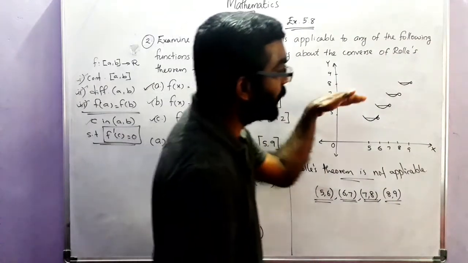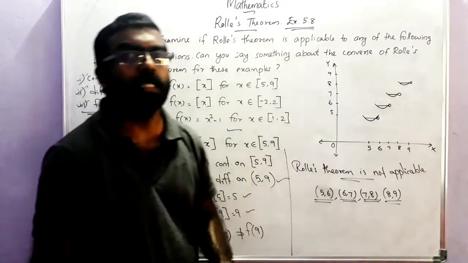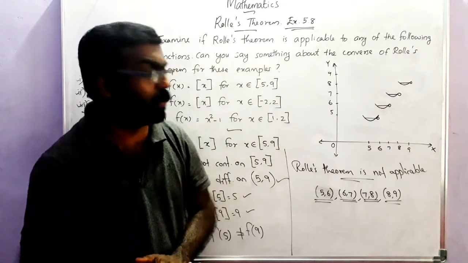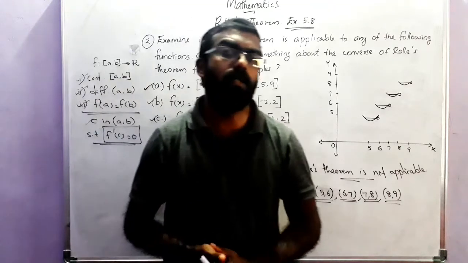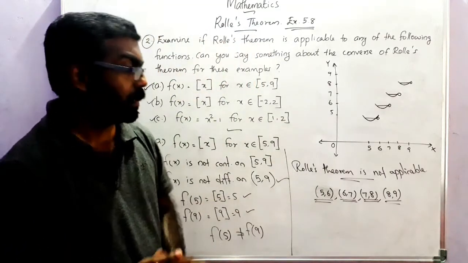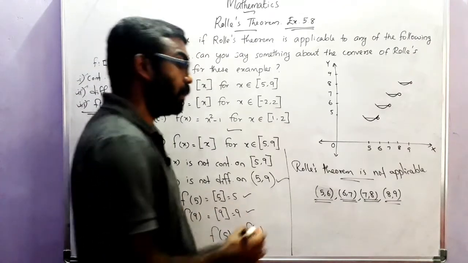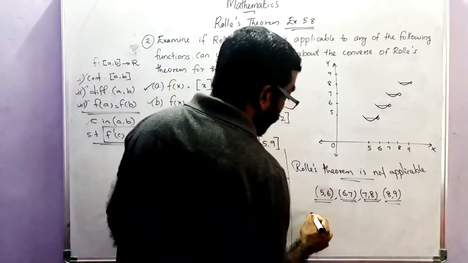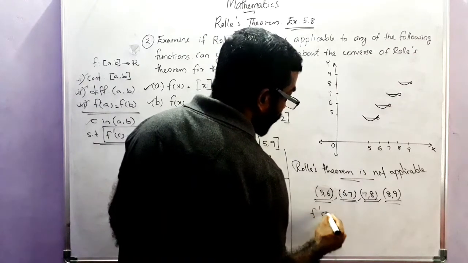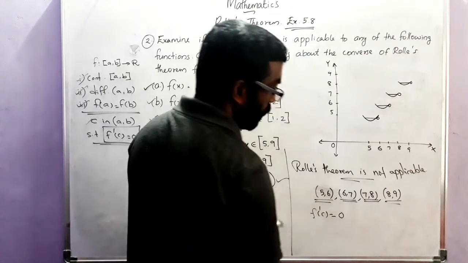So in this part, we can say that the function is differentiable. Here we can draw tangents which are parallel to the x-axis. Tangent parallel to x-axis means f dash of x is equal to 0. The derivative is 0. Slope of the tangent is 0. Clear? That means dy by dx is 0. That means we can find values of c such that f dash of c is equal to 0.